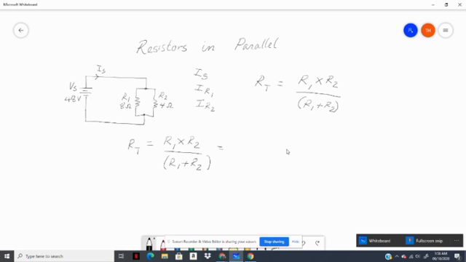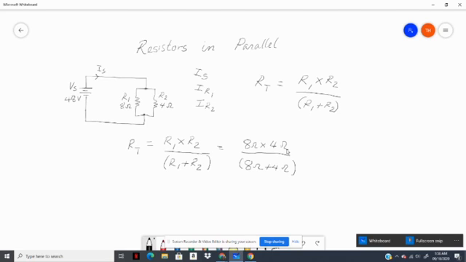That equals 8 ohms by 4 ohms divided by 8 ohms plus 4 ohms.